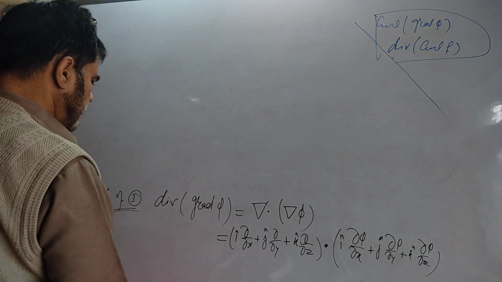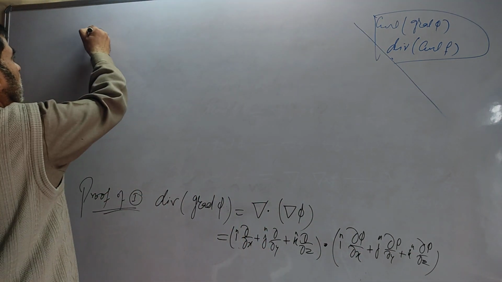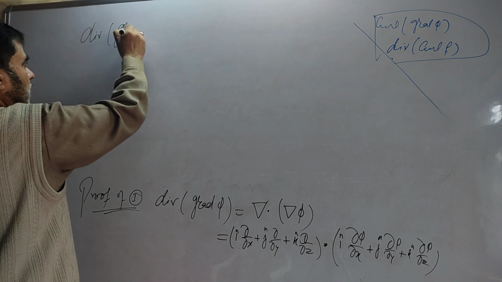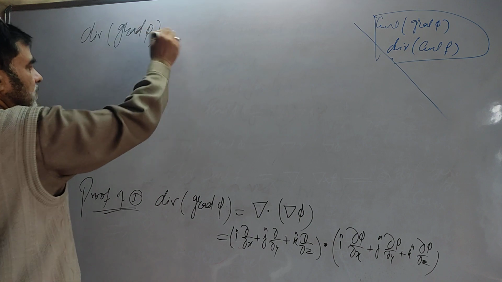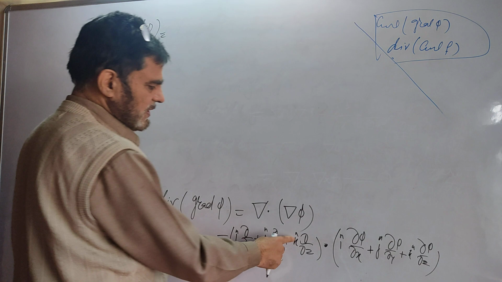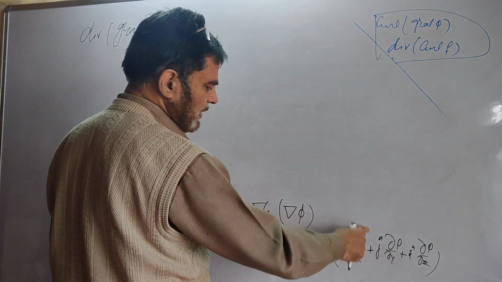Well, now the divergence of gradient of phi is equal to i dou by dou x plus j dou by dou y plus k dou by dou z dot i dou phi by dou x plus j dou phi by dou y plus k dou phi by dou z.